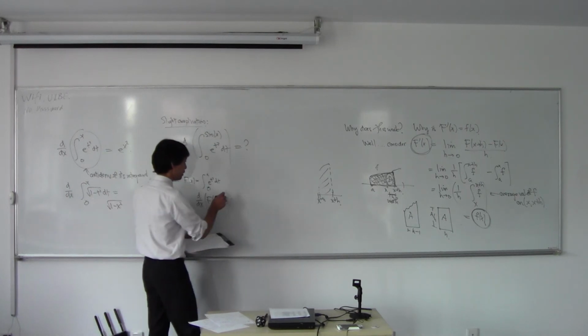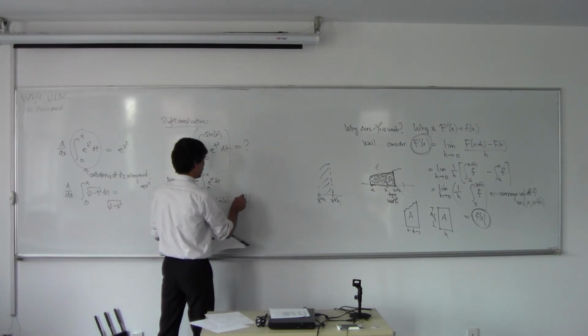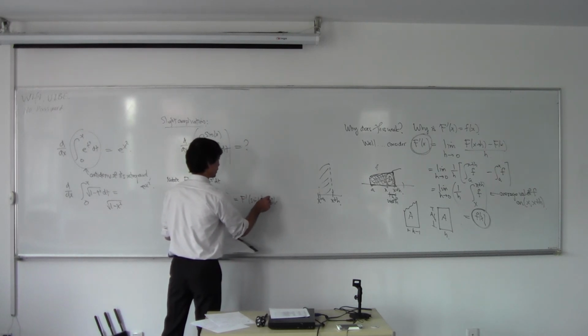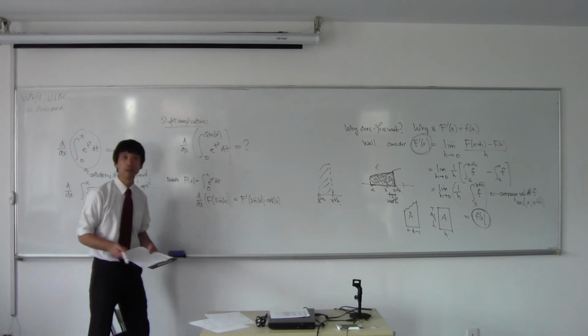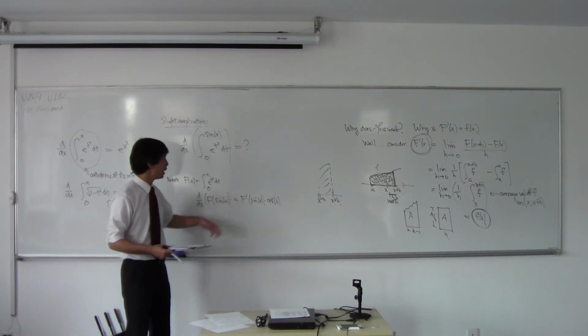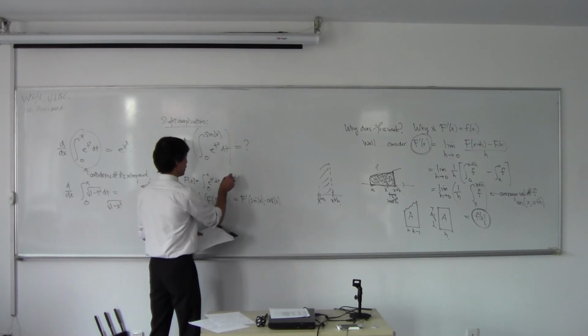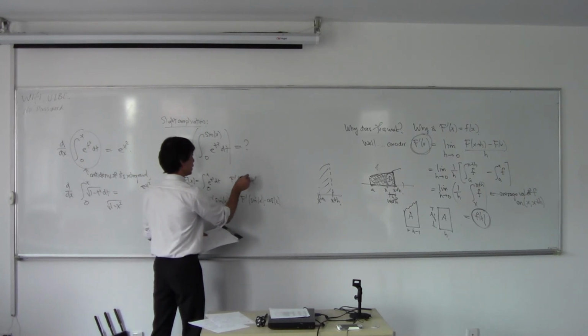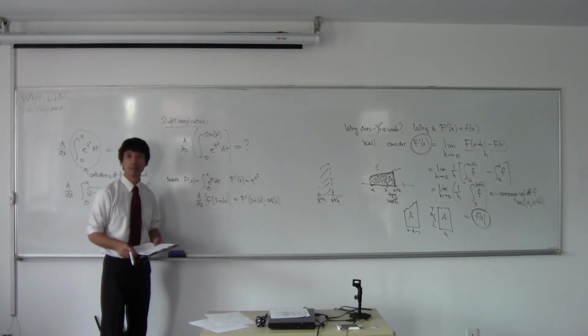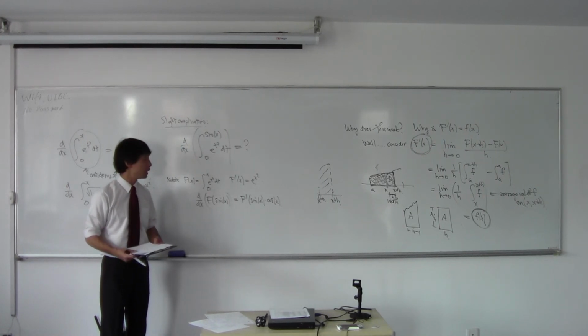So what do we get? We're going to get f prime evaluated at sine of x times cosine x. But what's f prime? F prime of x is just e to the x squared.